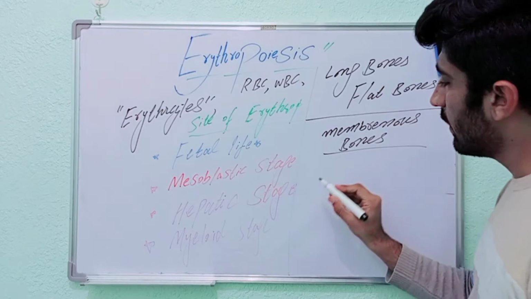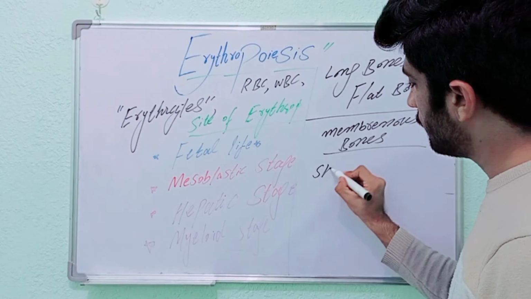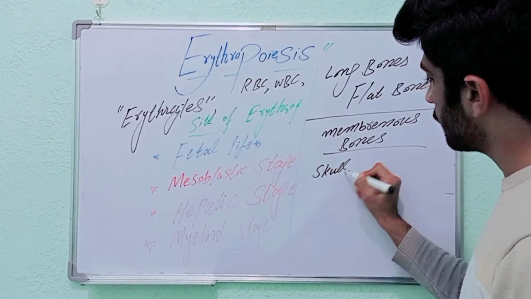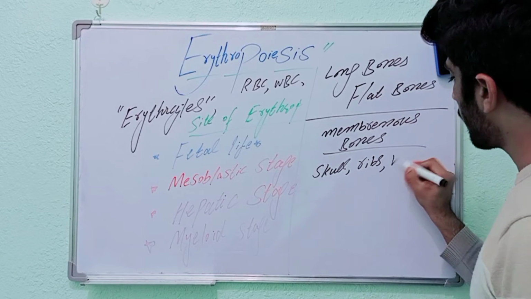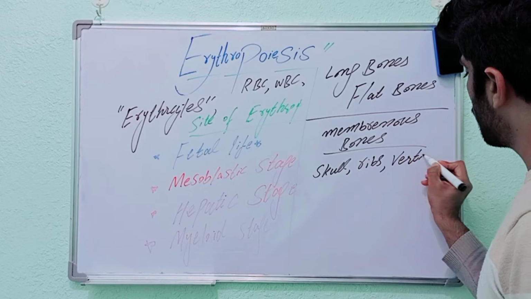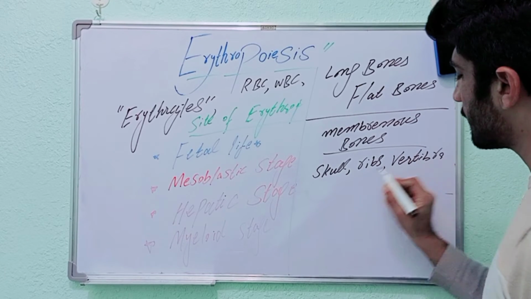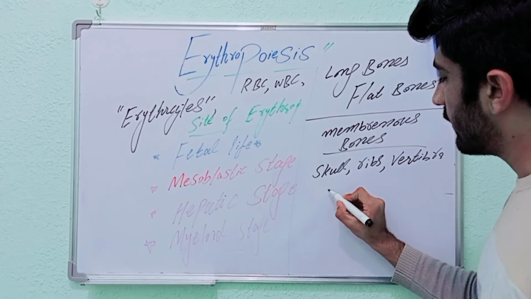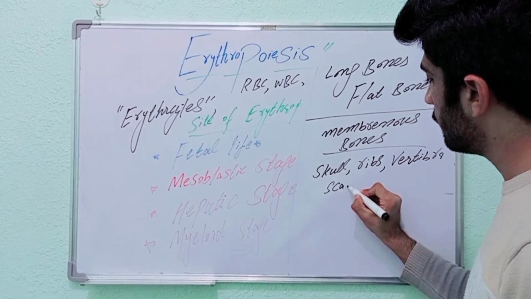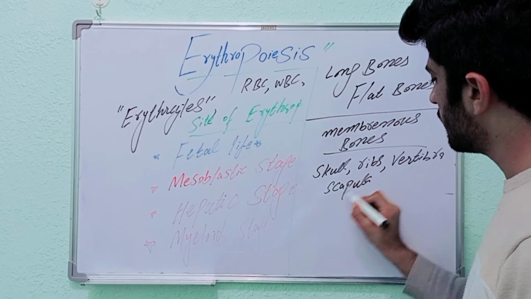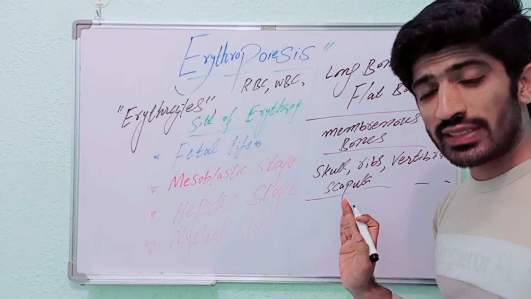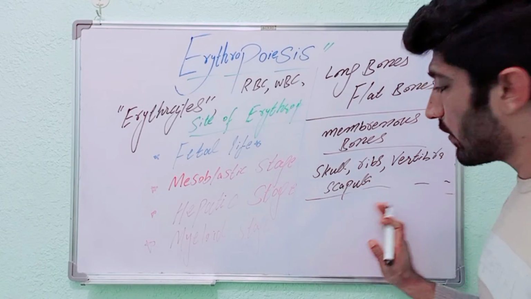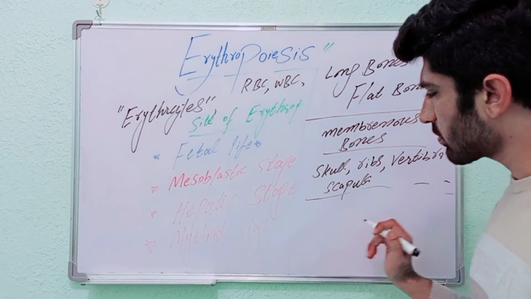For example, skull bone, ribs, vertebra bones, scapula, and all the membranous bones. The process of erythropoiesis takes place in these after the age of 20.